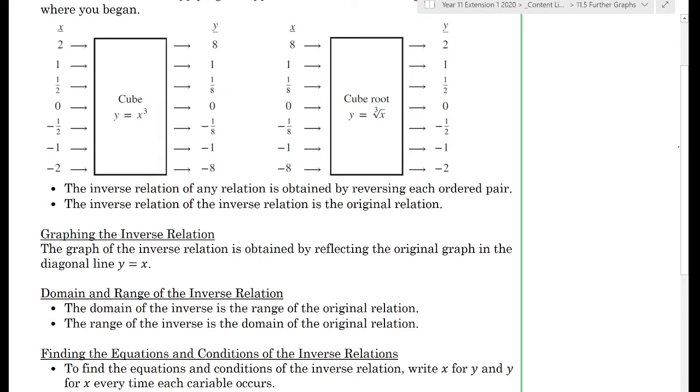If your function is like a parabola that goes like that, with the line y equals x here, then your new one will be a parabola that goes like this, something along those lines. But we'll look at it in more detail in a moment.